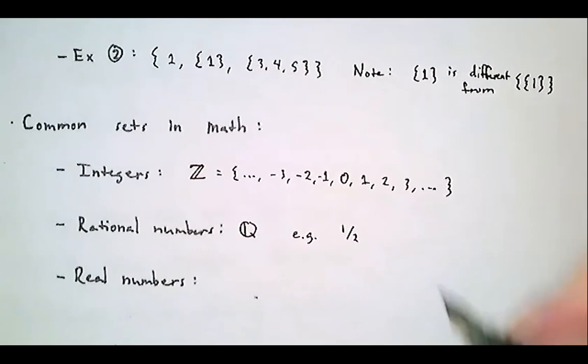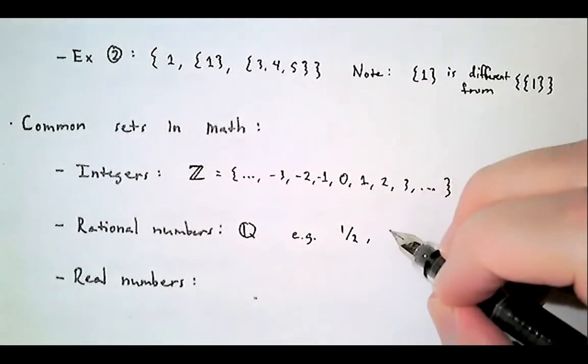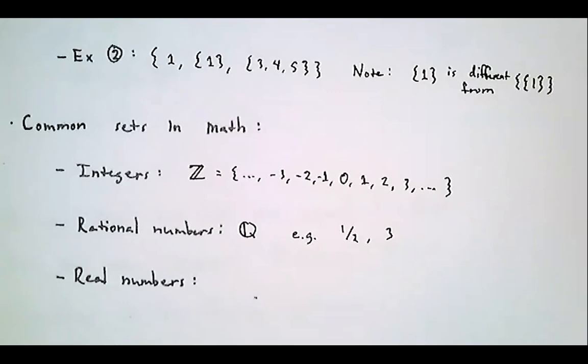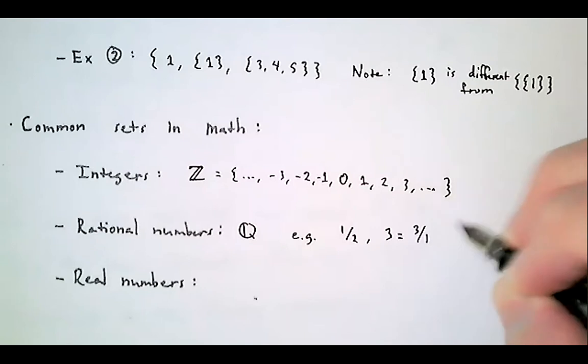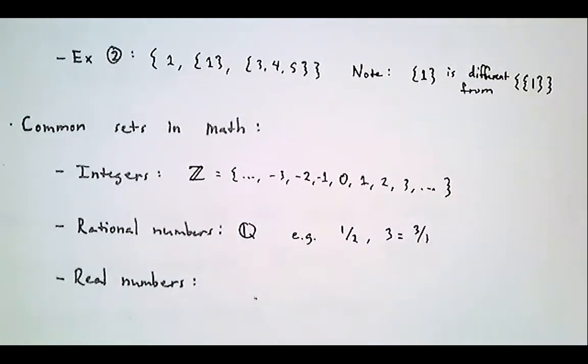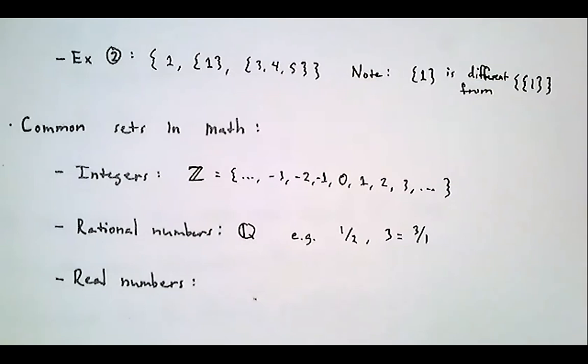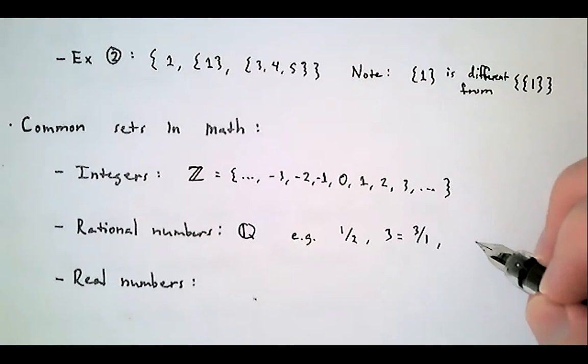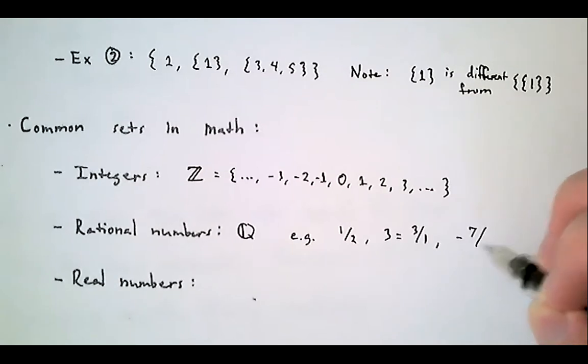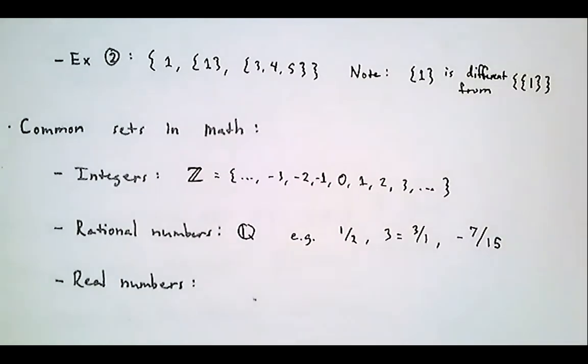So like a half. 3 is also a rational number because it's equal to 3 over 1. And the same goes for any whole number. Whole numbers are also rational. And maybe we can do a negative example, -7 over 15. And you could list lots more rational numbers. There's an infinite number of those as well, just like the integers.